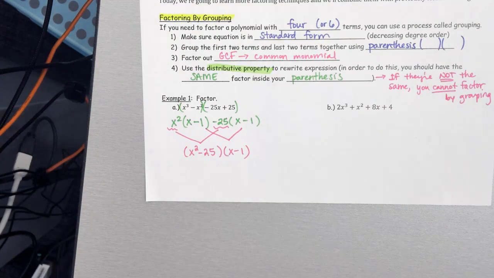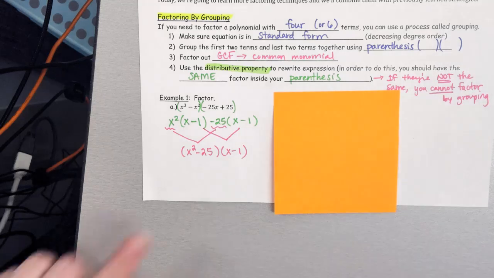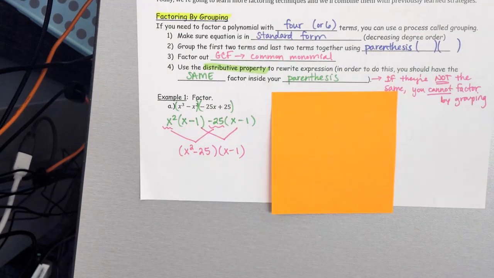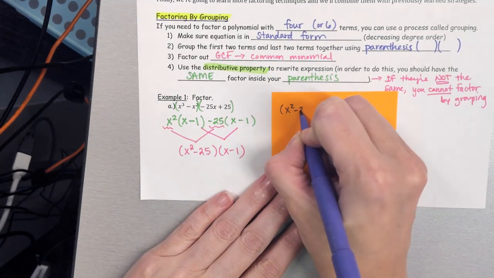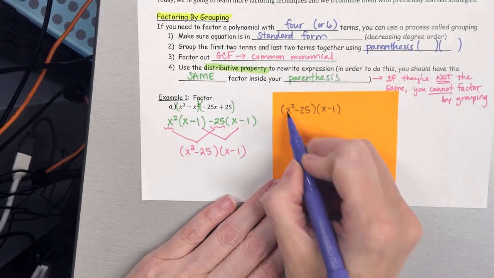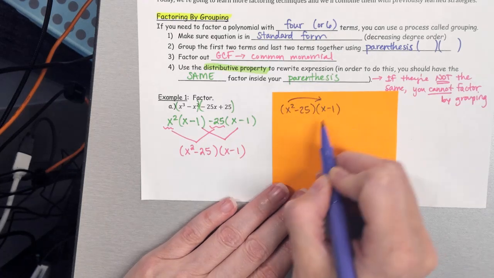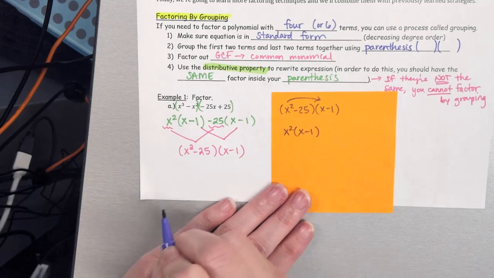You do not have to write this part down, but I want to show you how that works, because usually students are like, but we had 2 and now we have 1. What we're doing is rewriting this. Remember in the last chapter when we were multiplying how we had to do distribution? If you were to distribute the x squared to x minus 1, you would have this.